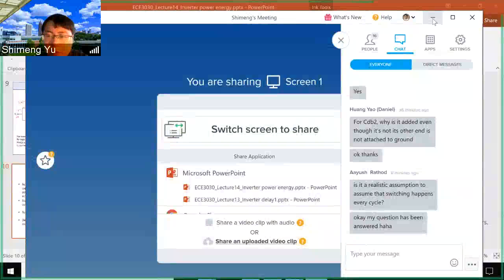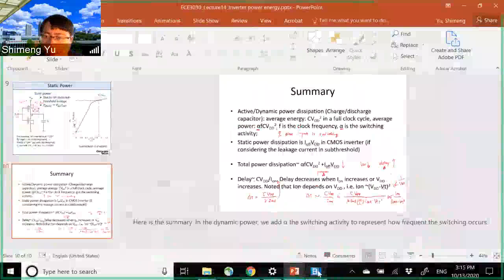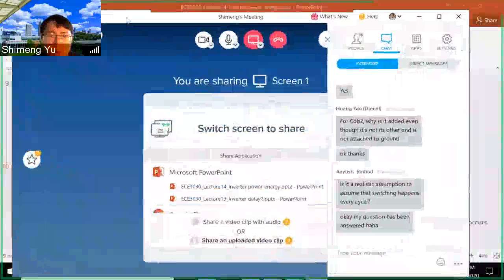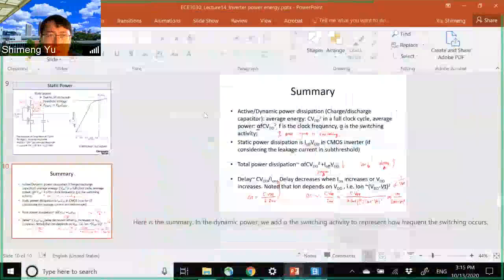So the switching activity factor depends on the logic function and also the workloads, what programs you are running. All right, any other questions? If not, then we're going to stop here today.